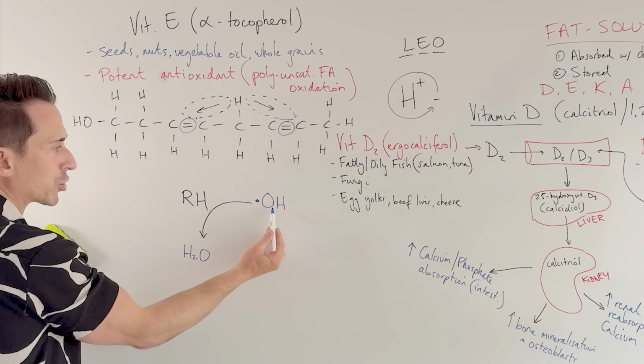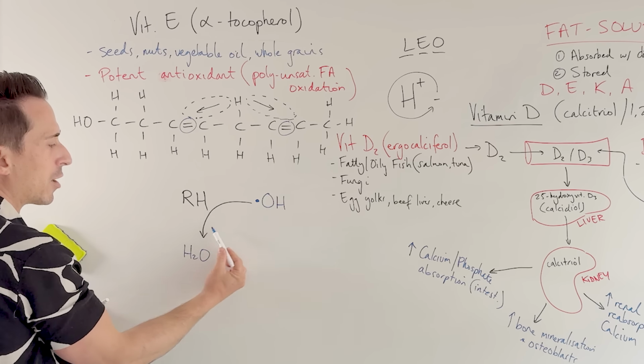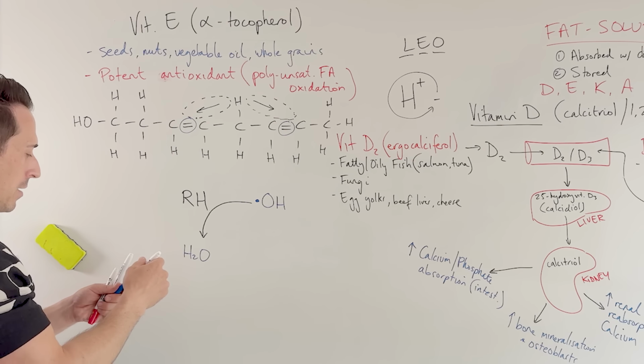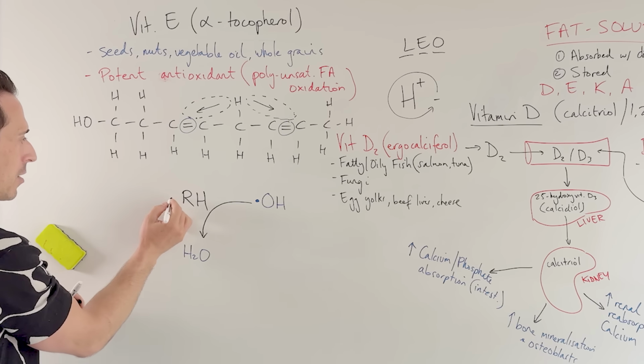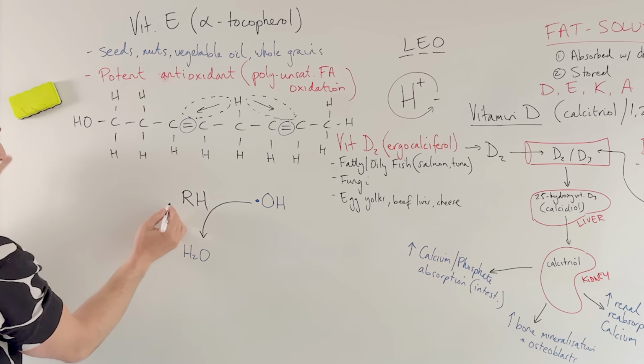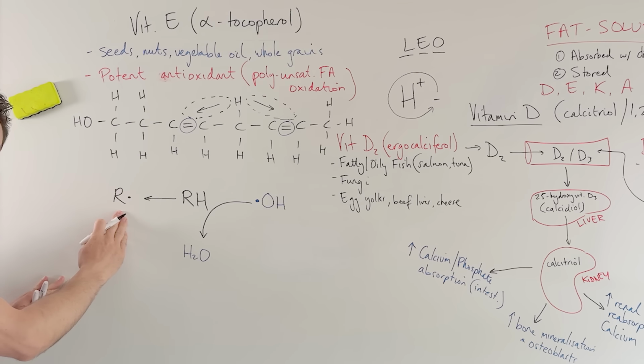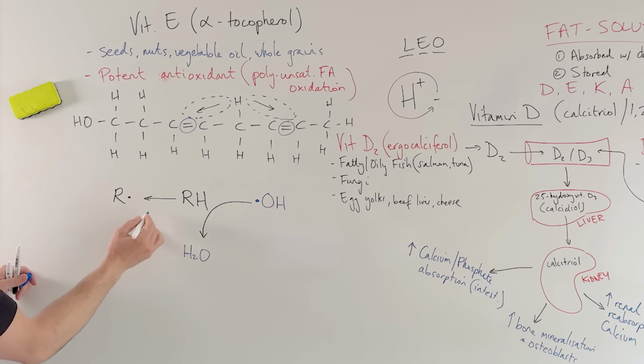So that hydroxyl free radical has now become water, stable. But what has this thing now become? Well, it has now become an unstable lipid. This is now a lipid radical. Uh-oh, what's this lipid radical do? Well, this lipid radical will come across oxygen.